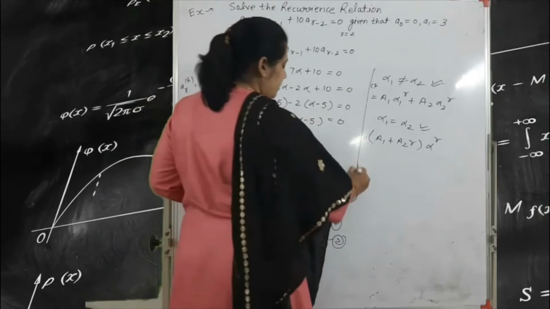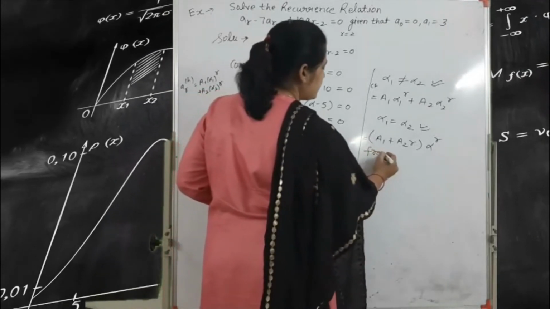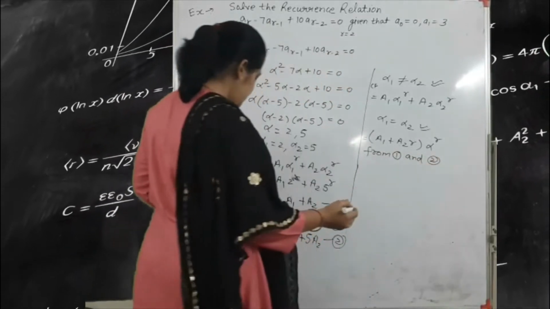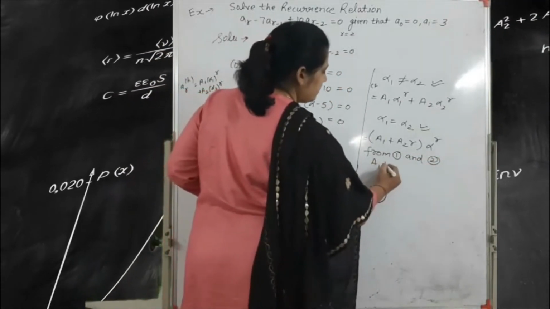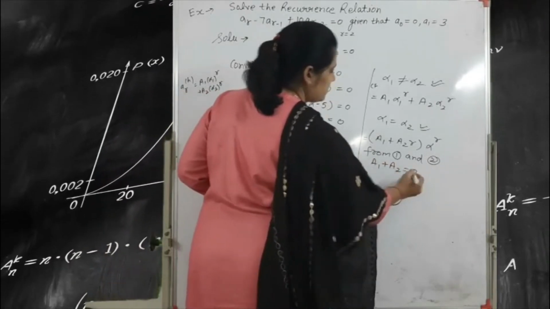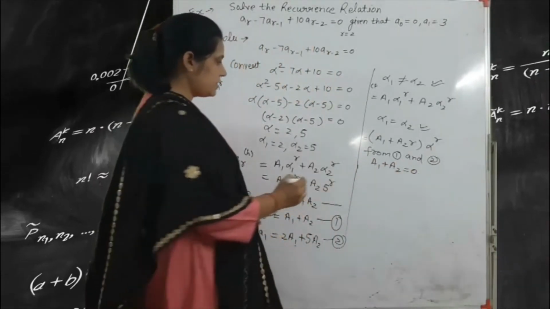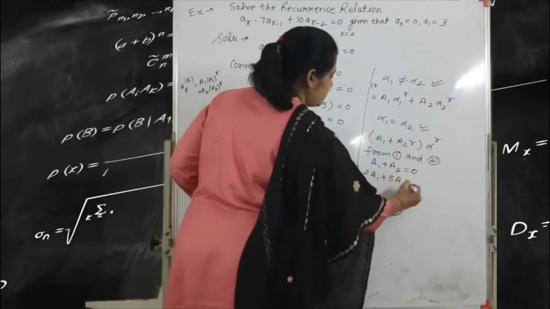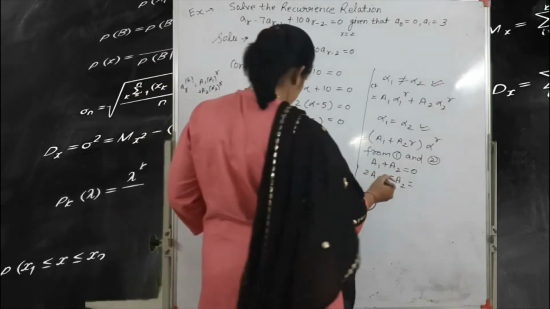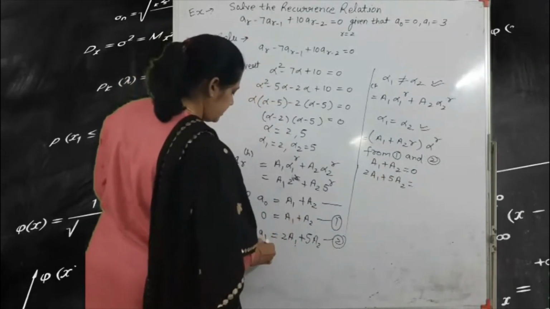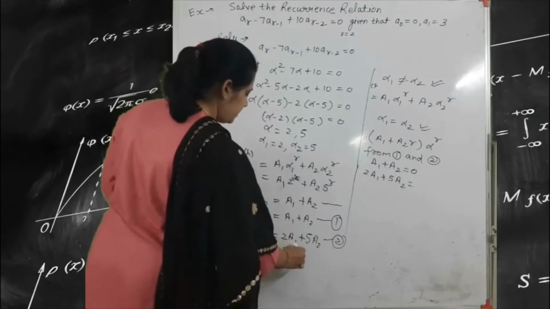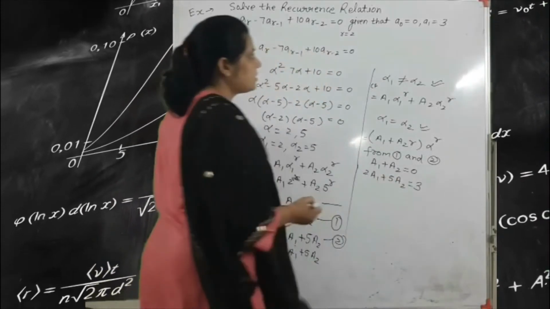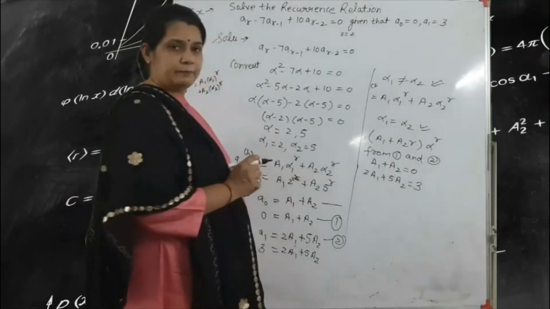So from the first equation and the second equation: the first equation is A1 plus A2 is equal to 0, and the second equation is 2A1 plus 5A2 is equal to a1, that means 3. So 3 is equal to 2A1 plus 5A2. Here we write the 3 because we are given a1 is equal to 3.